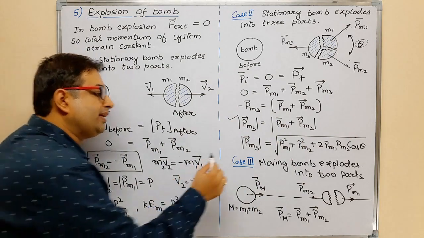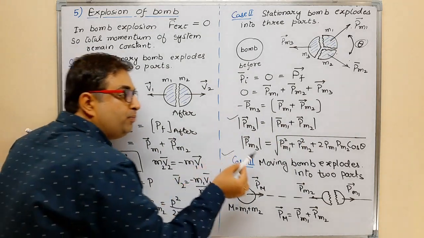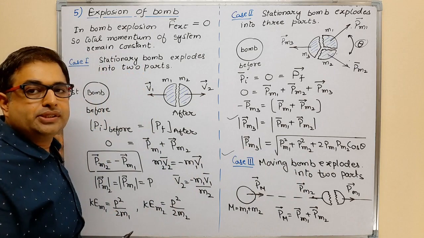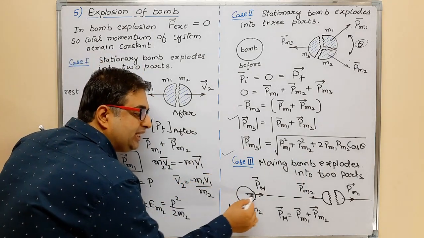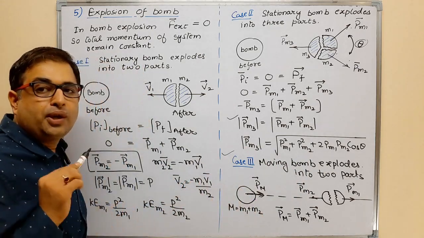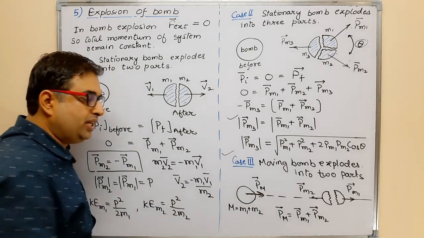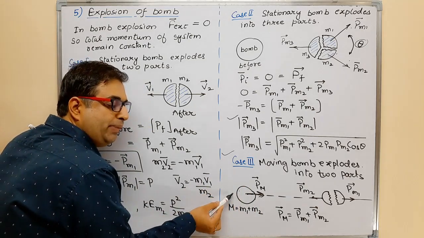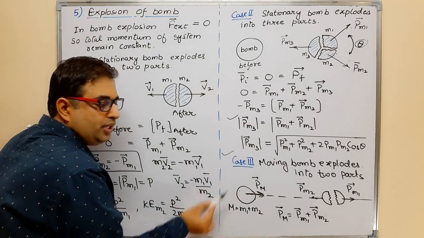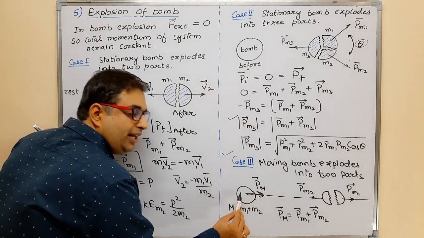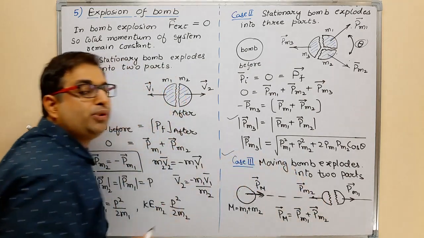Now let us see the third case. In third case, moving bomb explodes into two parts. So now initially we have some momentum because bomb is moving with some velocity. So there will be some momentum initially before blast. So initial momentum again will be equal to final momentum.